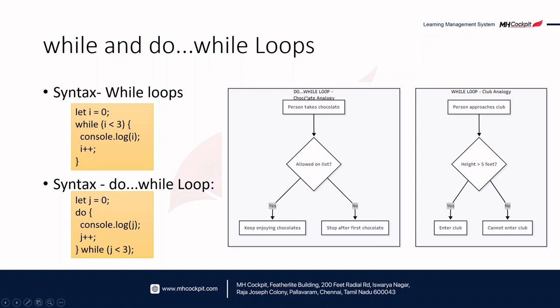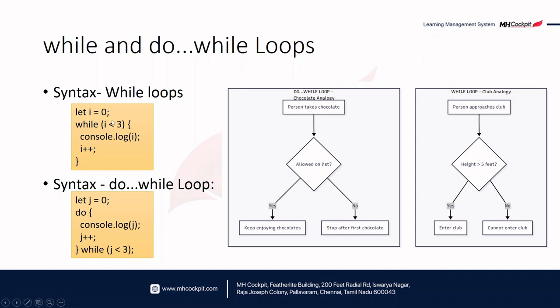He gets a chocolate and only then is the condition checked. In a do while loop, it will execute the statements once and then check the condition. I'll repeat: for do while loops, it executes all the statements once and only then checks the condition. If the condition is true, it continues the execution. If the condition is false, it stops the execution.